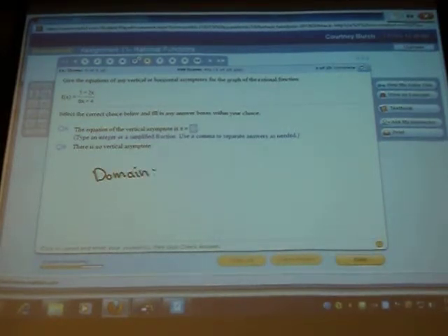Okay, so to find my domain, I want to let the denominator equal 0. Okay, now how do I want to solve this for x? Linear function, so I don't need to factor it. I can just solve by subtracting 4 and dividing by 6.